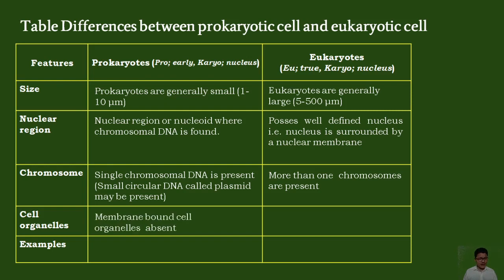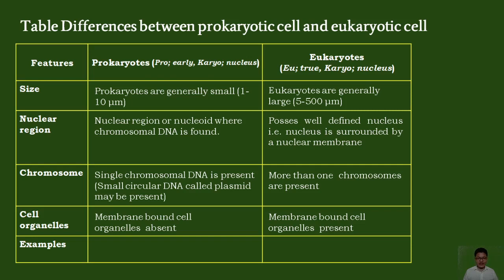Now, cell organelles in prokaryotes are mostly non-membrane bound, so membrane-bound cell organelles are not present. Cell organelle here refers to small organ-like structures, tiny structures present within the cell. Cell organelles in eukaryotes are membrane bound.